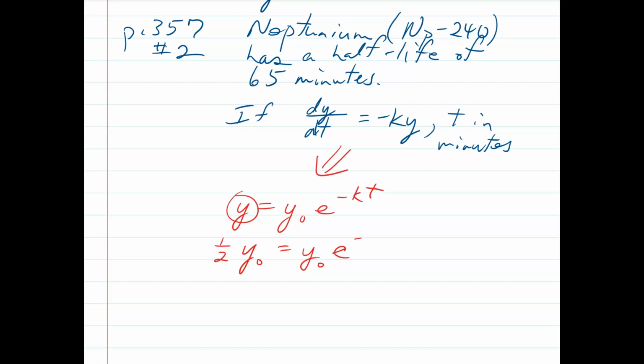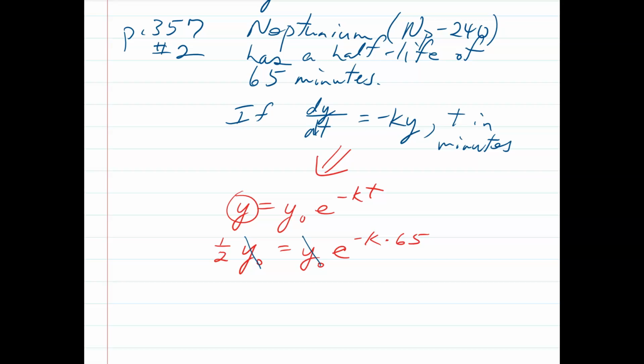And we're looking for k, but we know that the time is 65 minutes, don't we? So we can multiply by 65 there. So in this problem, what's interesting is we don't even care how much y naught was. We just know that we want to know how long it takes to get to 1/2 of y naught. So y naught could be anything.